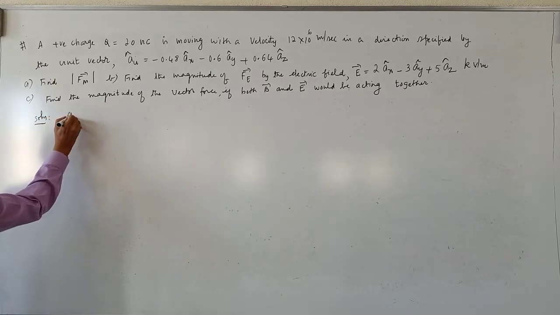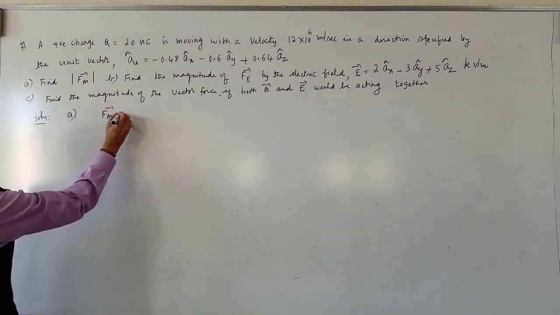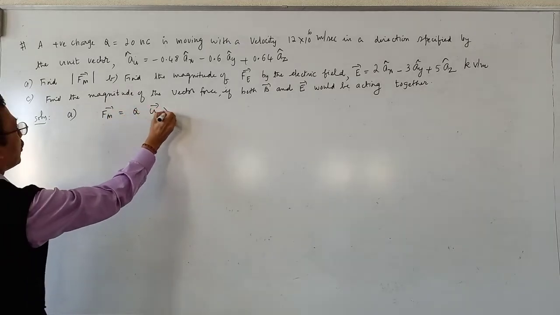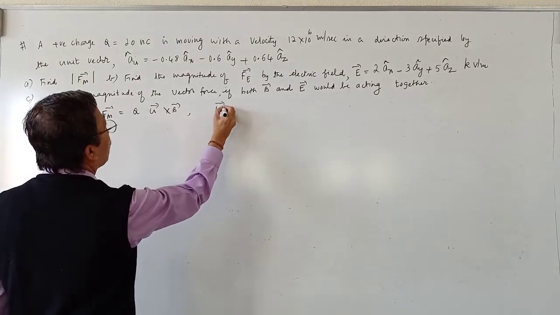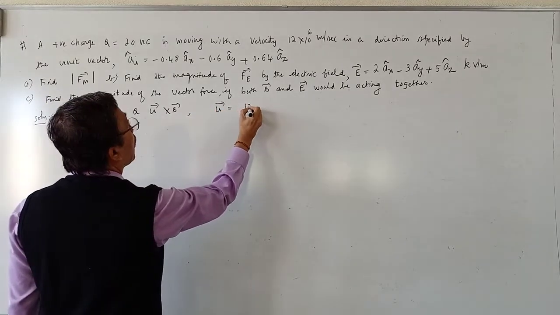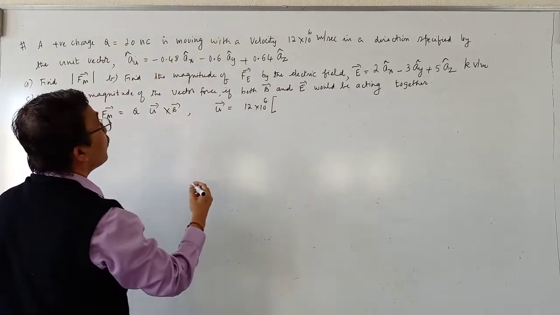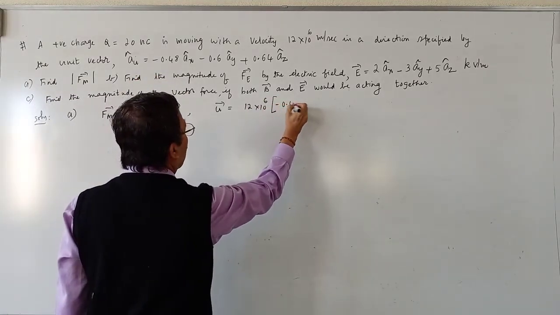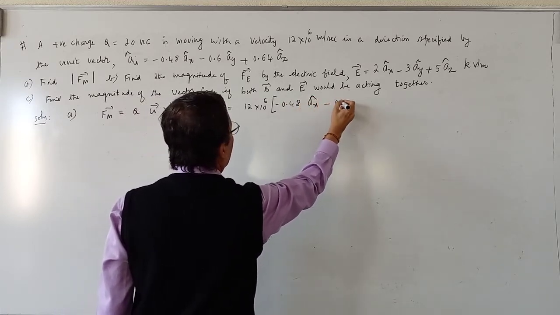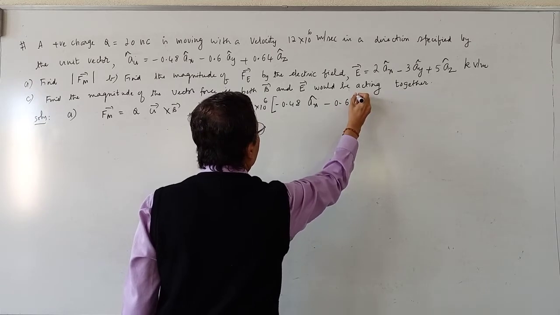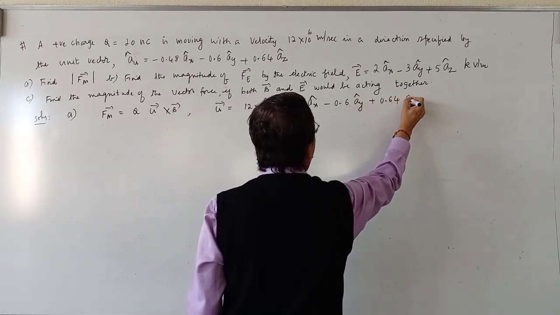First we will do part A. What is vector Fm? Vector Fm is equal to Q times vector U cross B. What is vector U equals? Vector U equals 12 into 10 to the power 6 is the magnitude. Direction is minus 0.48 aX minus 0.6 aY plus 0.64 aZ.